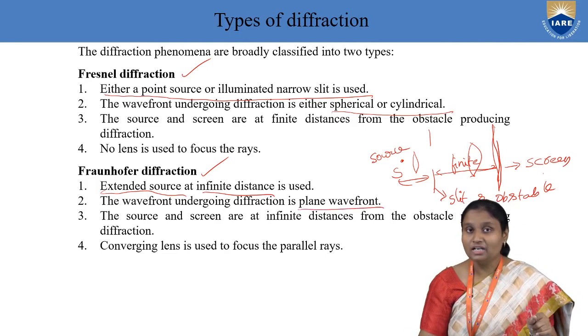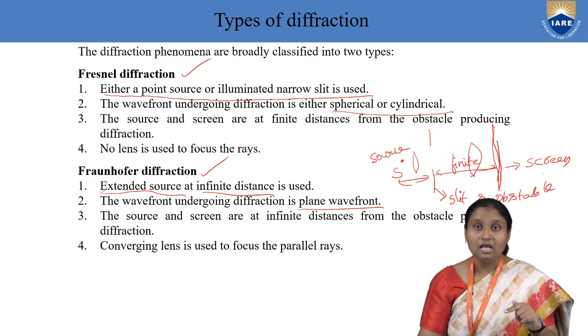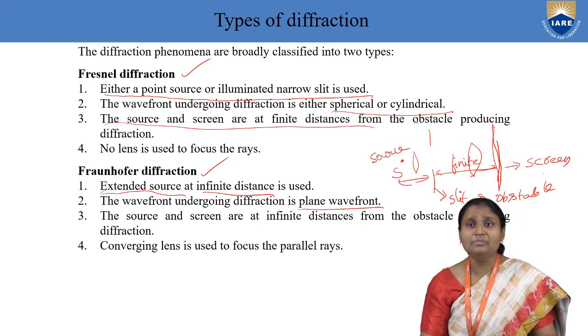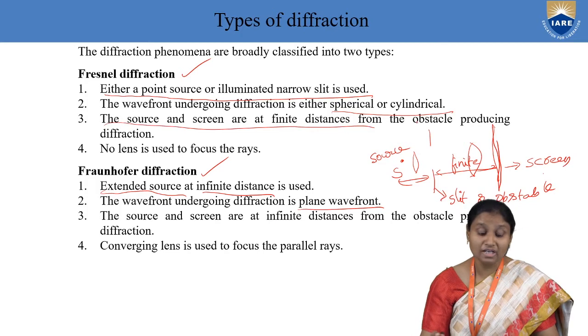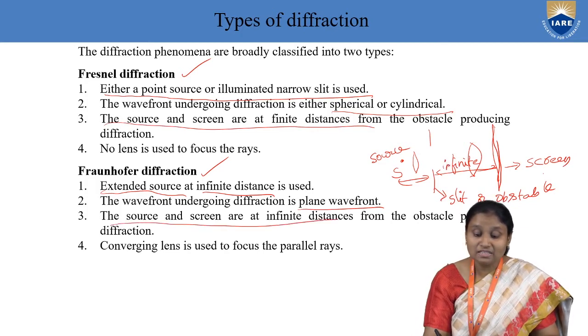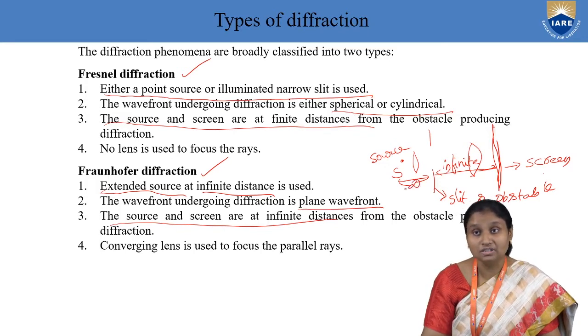Whereas in Fresnel, it can be either spherical or cylindrical, in Fraunhofer, it's a plane wavefront. In Fresnel, both source and screen are kept at finite distances, whereas in Fraunhofer, both screen as well as source are kept at infinite distance from the obstacle.